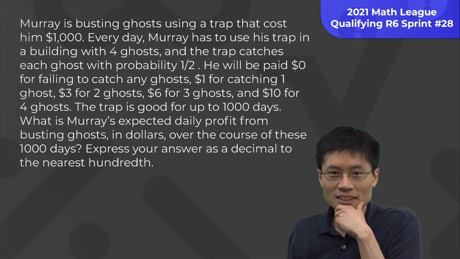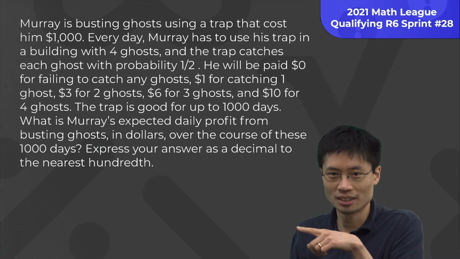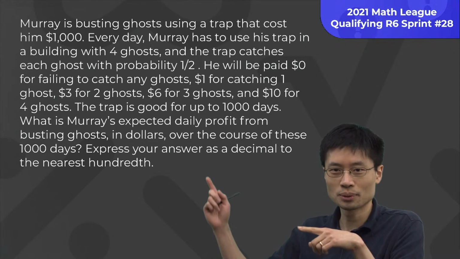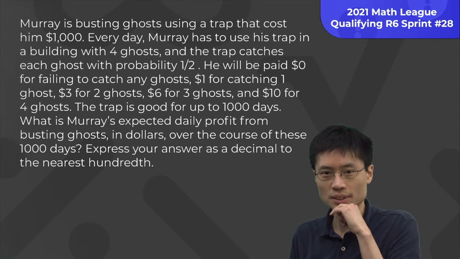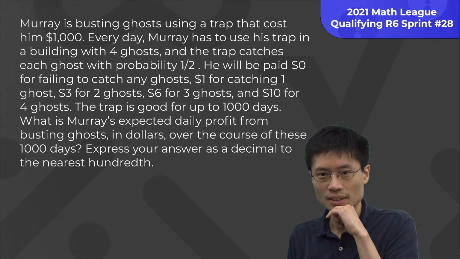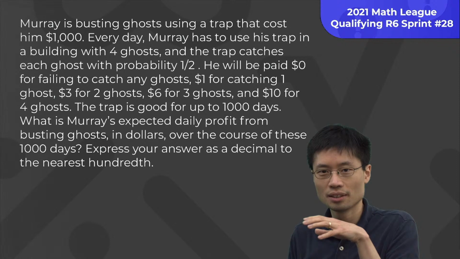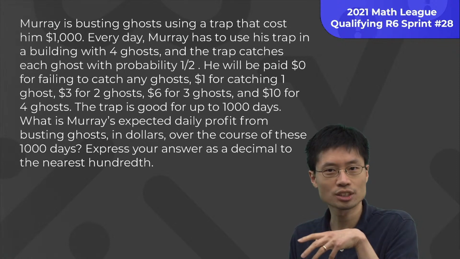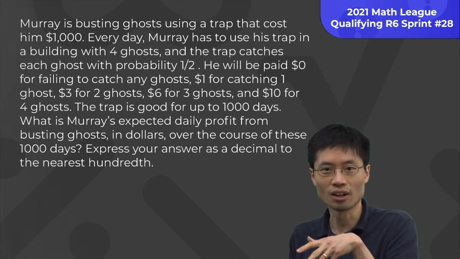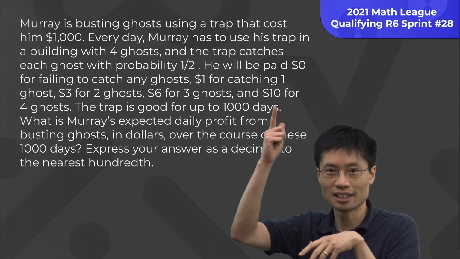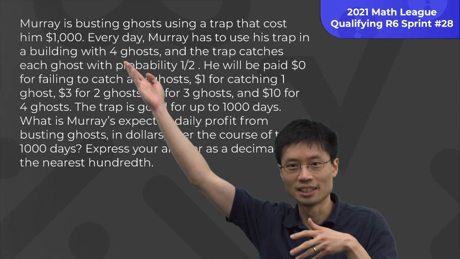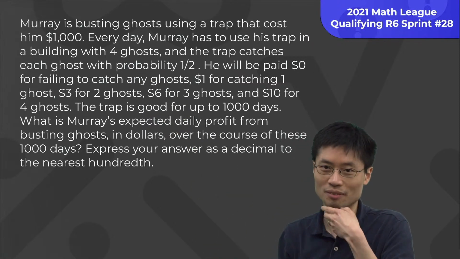The trap costs $1,000, and it's supposed to be an expected daily profit over the course of these 1,000 days. Because if you could only catch up to 4 ghosts at all, then you can only make up to $10 at all, and then you paid $1,000 to start. So that's not very much profit, not very good.